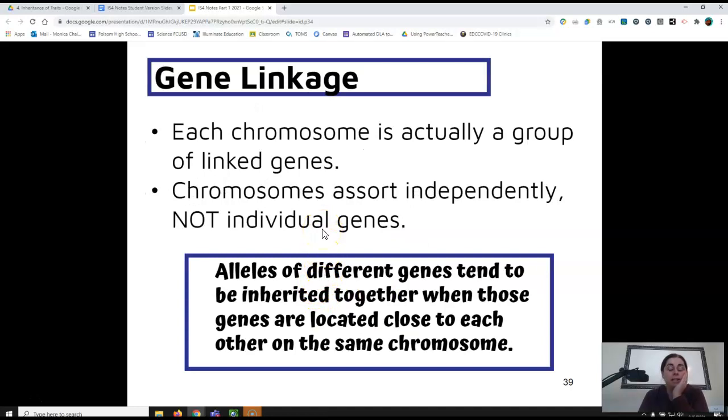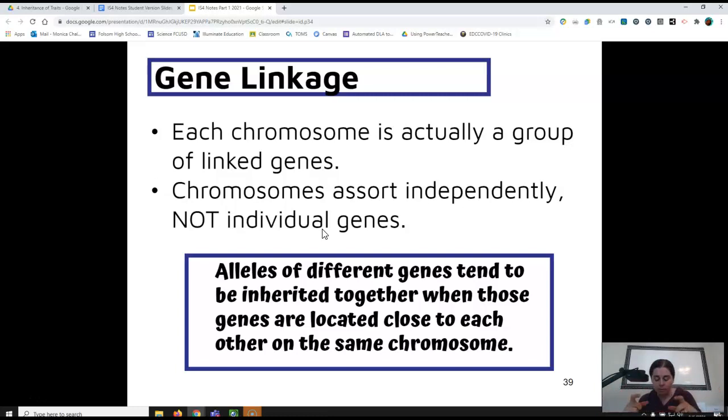All right, gene linkage. This is where each chromosome is actually a group of linked genes, and the chromosomes assort independently. So the chromosomes are going to separate out, not the genes, because there are multiple genes on your chromosomes, and they're not going to be separating by genes, they're going to be separating by chromosomes, okay?